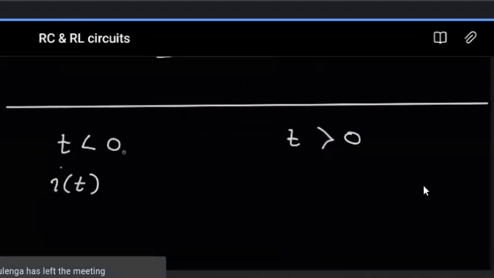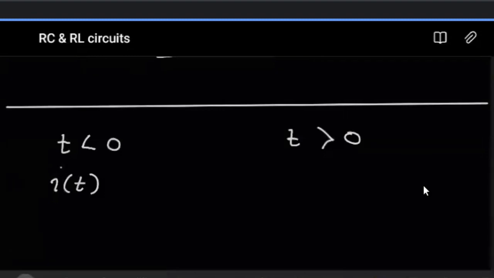We have t less than 0, and then we have t greater than 0. If we look at I1, for t less than 0, the switch is open, or let's say the source is present. And when the source is present, nothing is flowing there. I1 will be equal to 0.